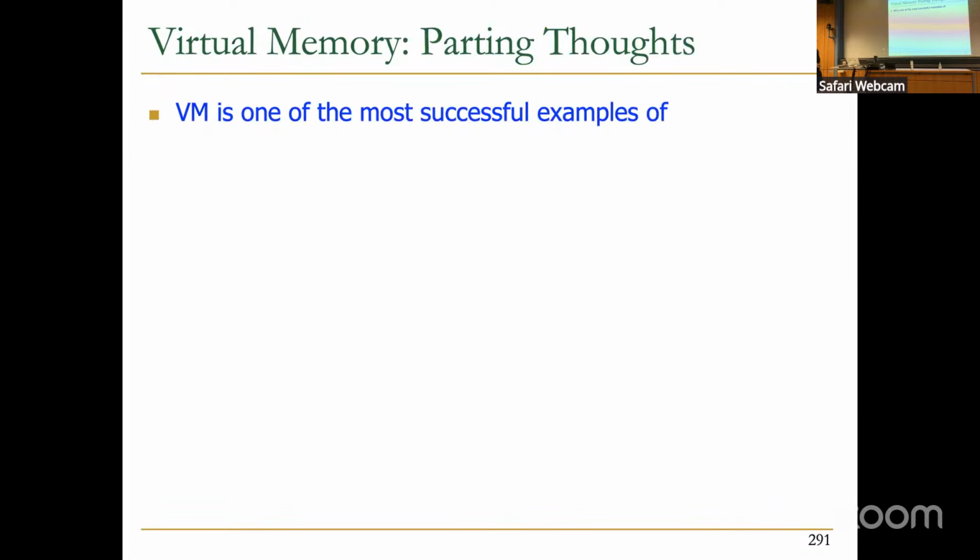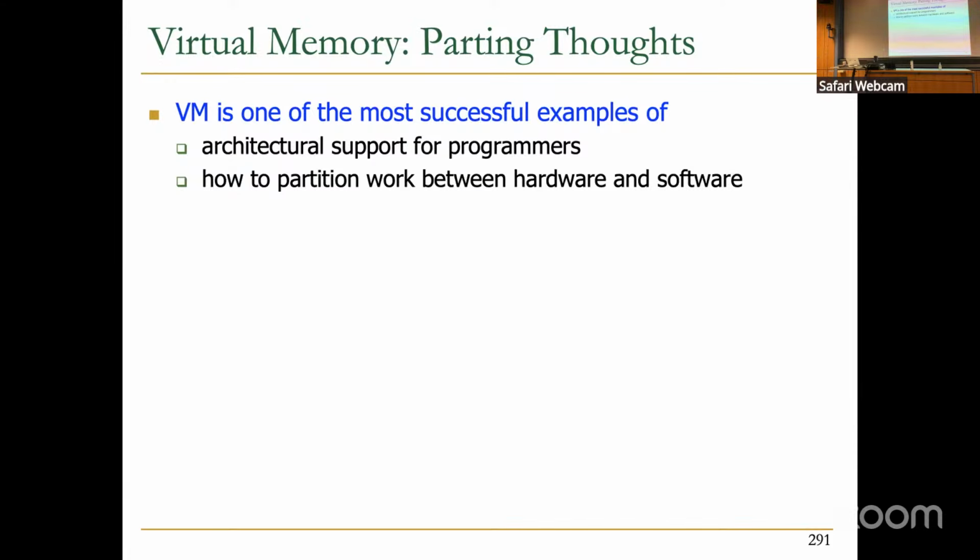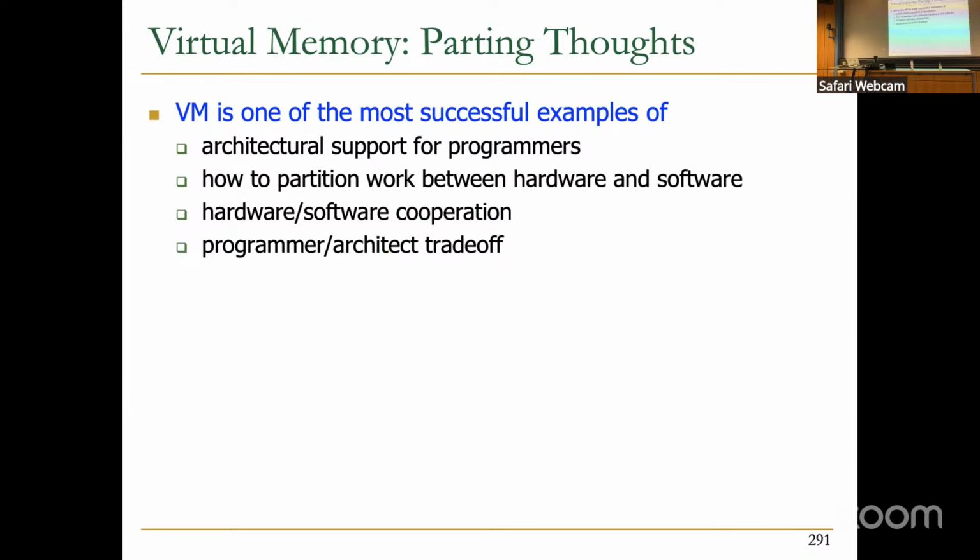So some parting thoughts. Virtual memory is one of the most successful examples of architectural support for programmers. It is about how to partition work between hardware and software, hardware-software cooperation. It poses this programmer-architect trade-off.